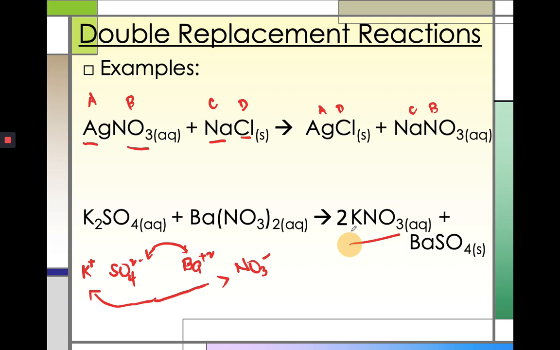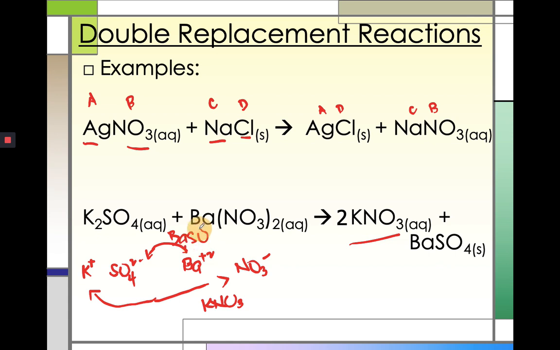So crisscross, disregard the sign, you still have KNO3. And then barium and the sulfate ion, so Ba 2 plus reacting with SO4 2 minus, you get supposedly Ba2(SO4)2, but we reduce it to its lowest terms.